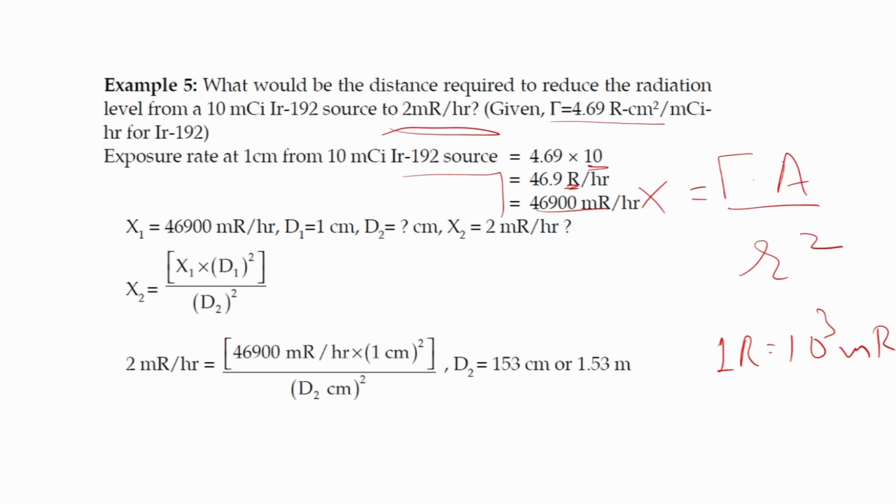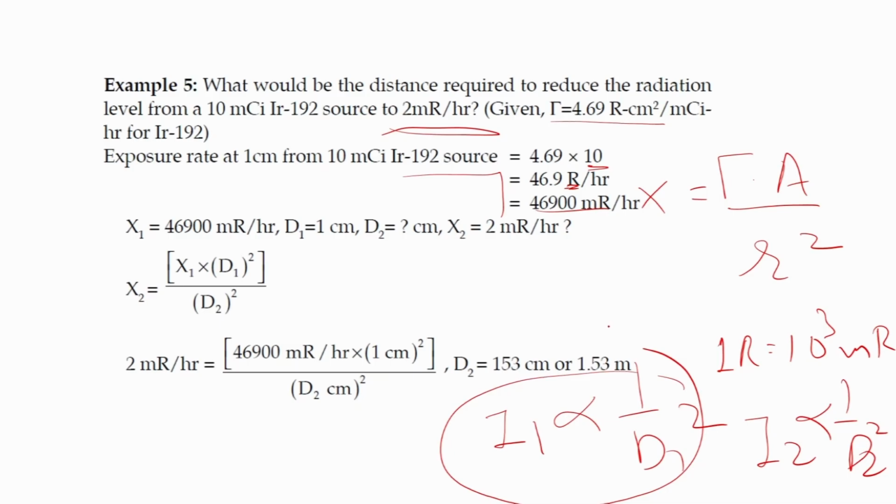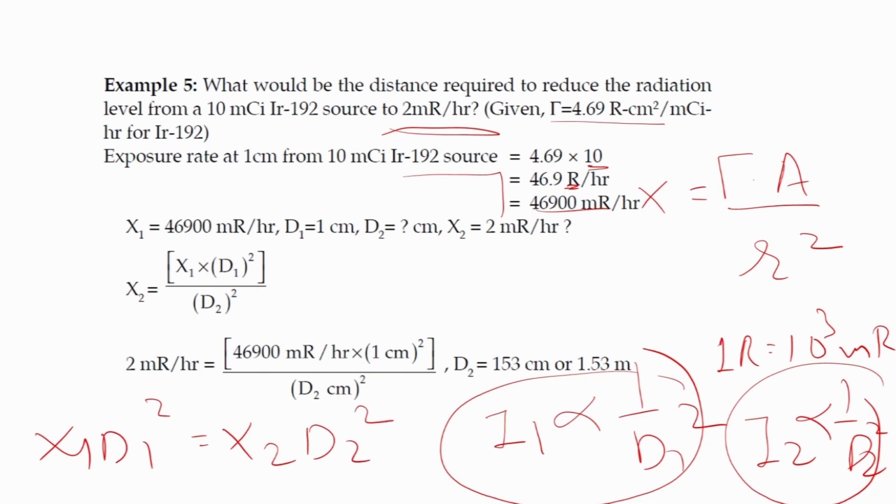Now, what would be the distance required to reduce the radiation level? We know that if I1 is directly proportional to 1 upon d1 square and I2 is directly proportional to 1 upon d2 square, then x1 d1 square equals x2 d2 square.